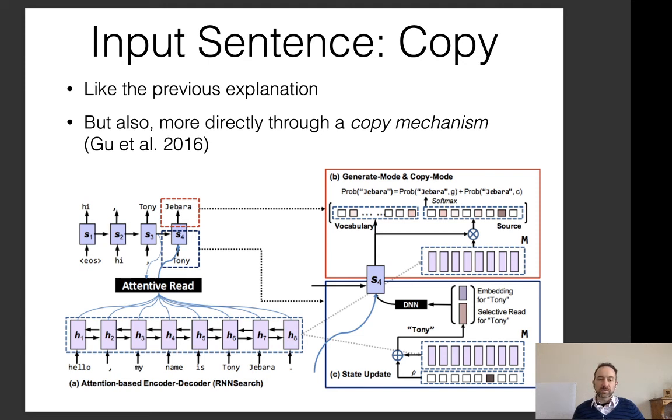And so the way this basically works is you have an interpolated probability distribution where you have the probability of generating the word that you want to copy, either from the underlying vocabulary or from copying from the input. And then we have a softmax over the input words, and the word that gets the highest softmax probability over the input is the one that would end up being copied.